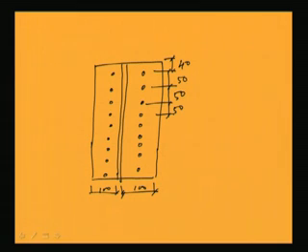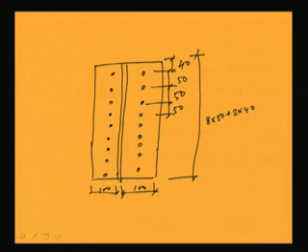The total distance will become 8 into 50 plus 2 into 40, which is 480 millimeter. So the total effective depth of the joint will become 480 mm with a spacing of 50 mm.